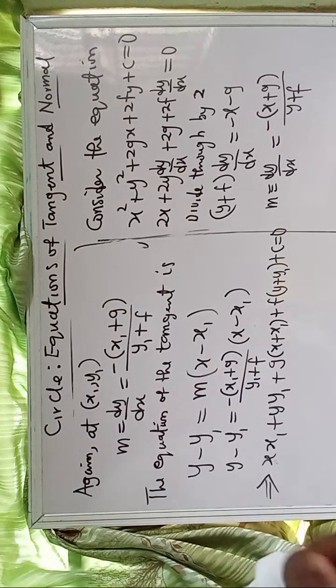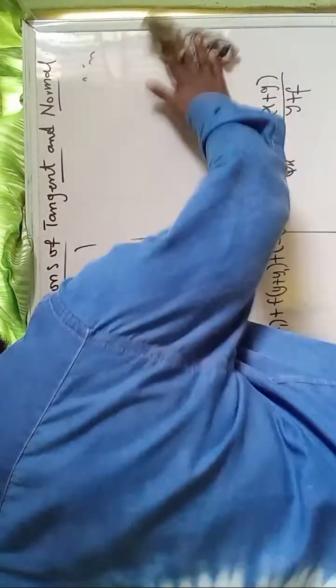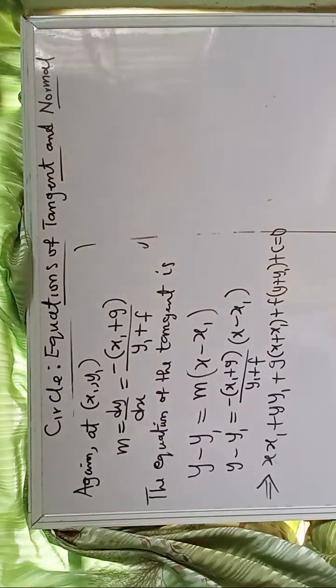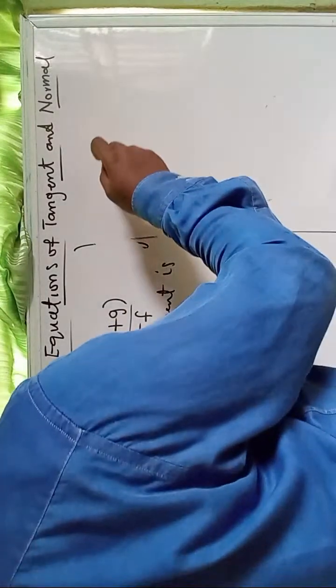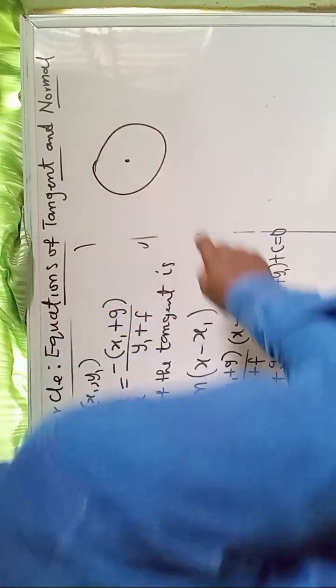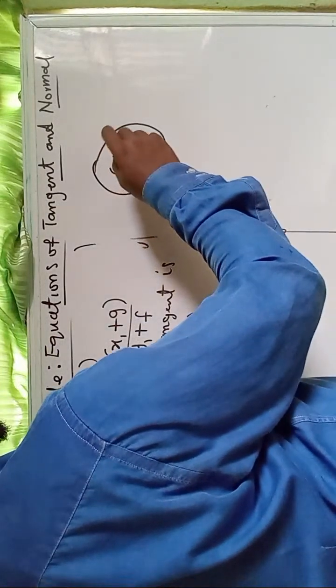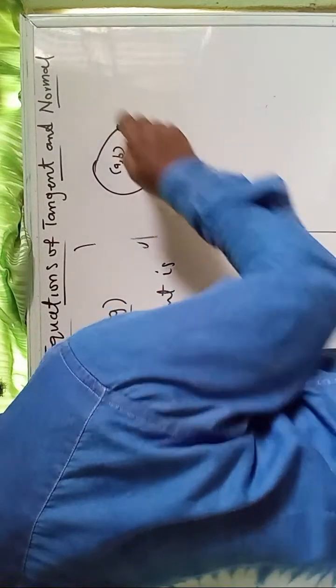So what we are saying in essence is this. Let us explain this using the diagram here. Suppose we have a circle, and the center of the circle is the point a, b.